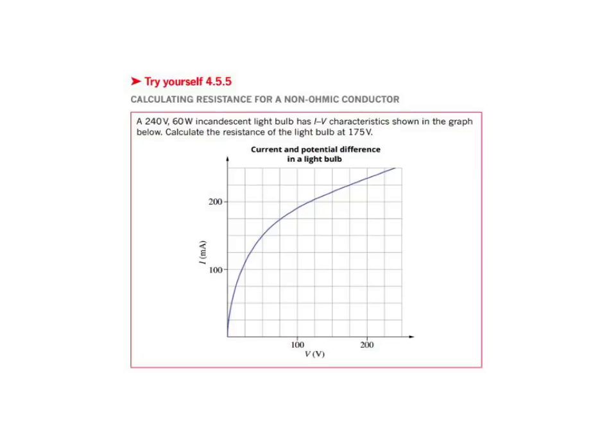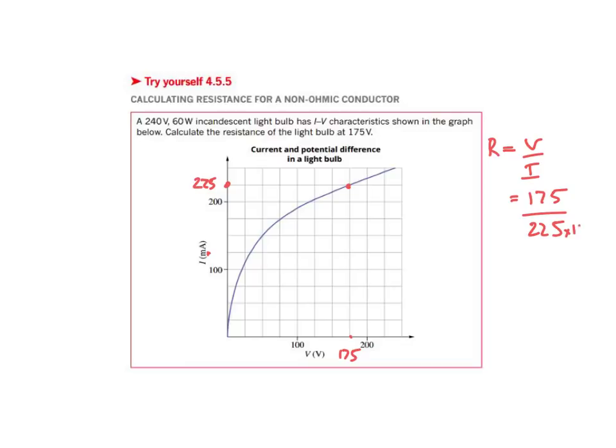So 175 volts we can see is here, which is at 225, and so the resistance is going to equal V over I, which is 175 divided by 225. And that's milliamps. It's a bit of a trick there.